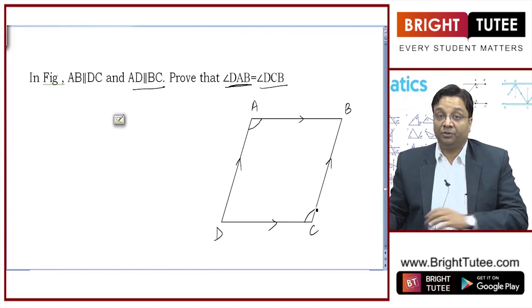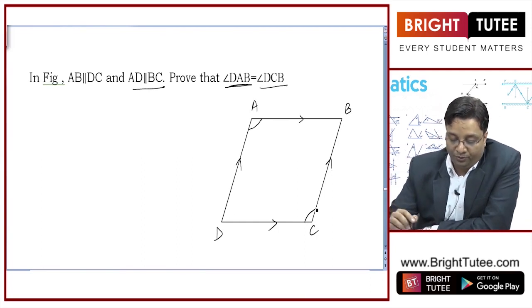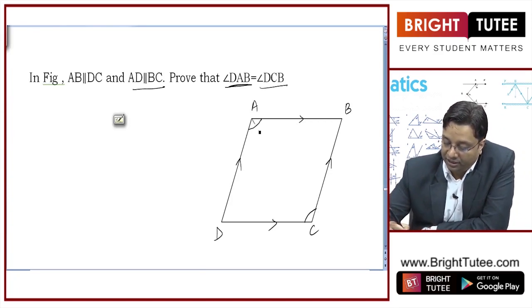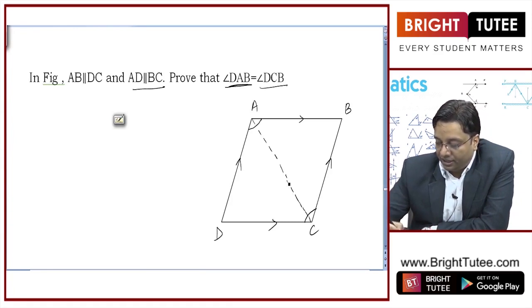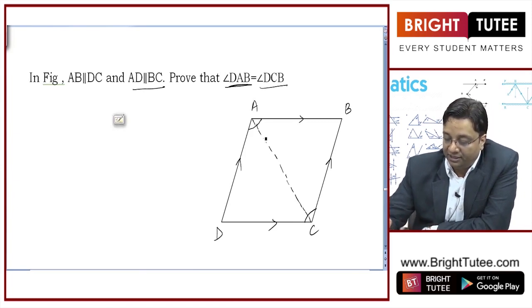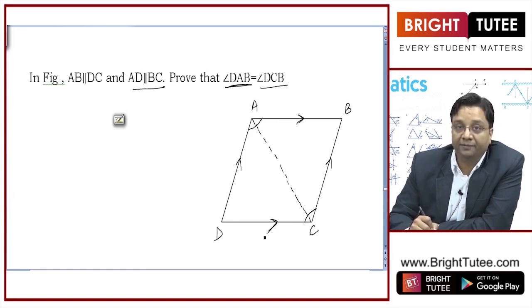Okay, so this is the property of a parallelogram, that the opposite angles are equal, but we need to prove it using the concept that we have learnt in this chapter. So for that, what I will do is I will draw a line here, AC. Okay, so I have drawn AC. Now AC works as the transversal for these two parallel lines, AB and CD.